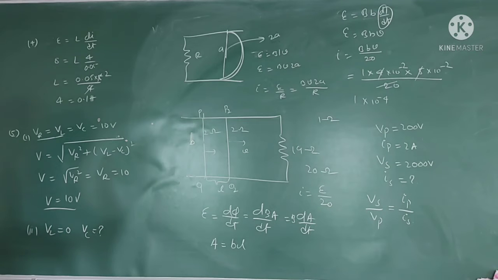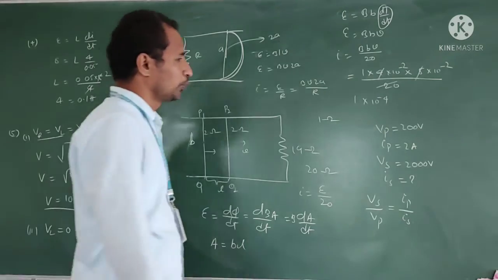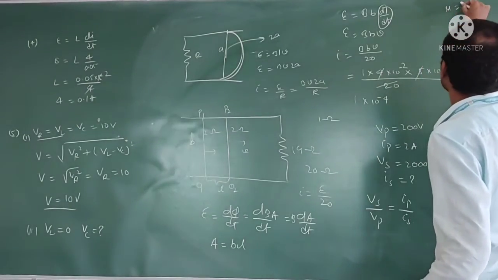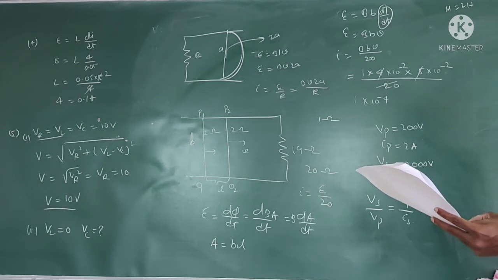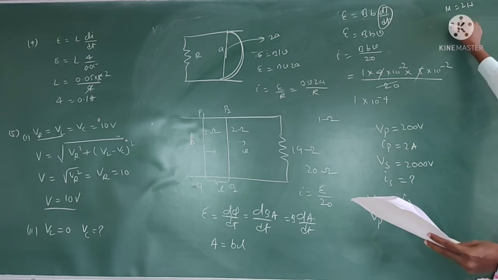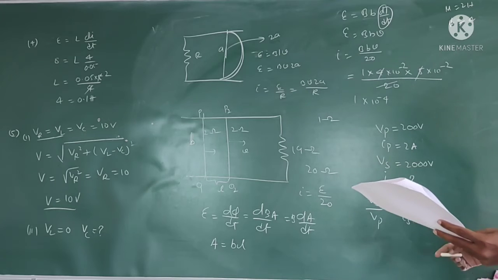Next, 14. Two coils here have a coefficient of mutual inductance M equal to 2 Henry. The magnetic flux passing through the coil changes by 4 Webers in 10 seconds.